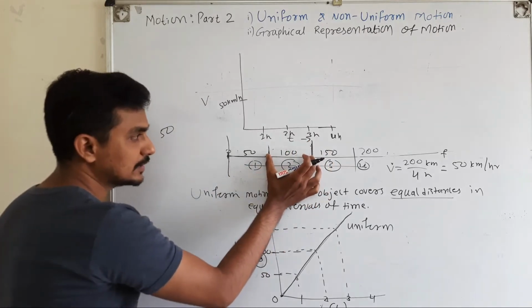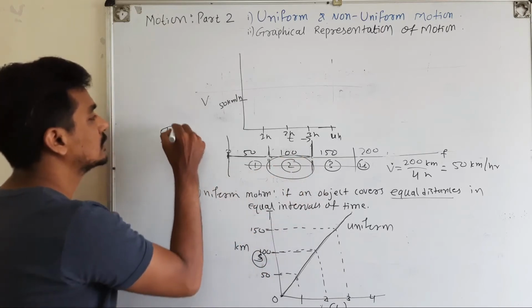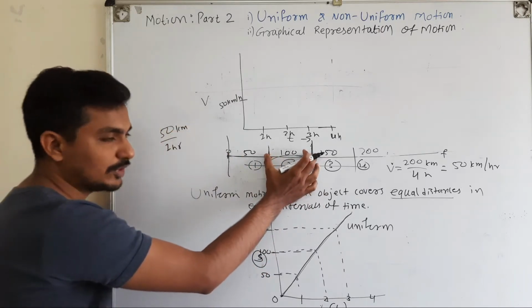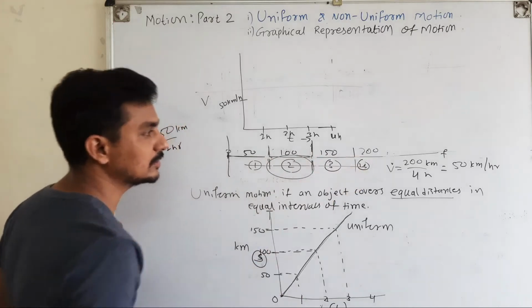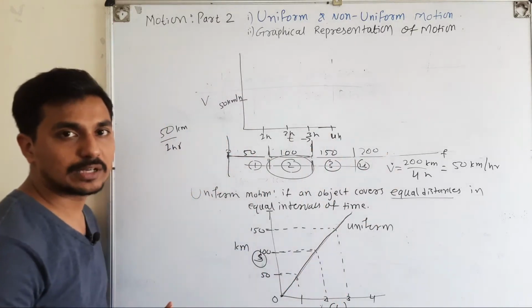So this distance is 50 kilometer, and the time taken here is 1 hour. So here again the speed is 50 kilometer per hour. Here also the speed is 50 kilometer per hour.